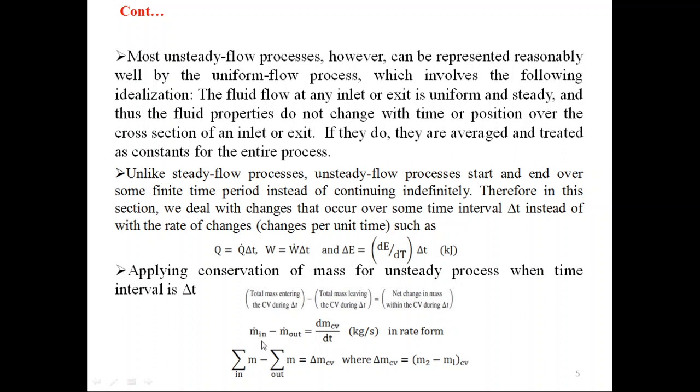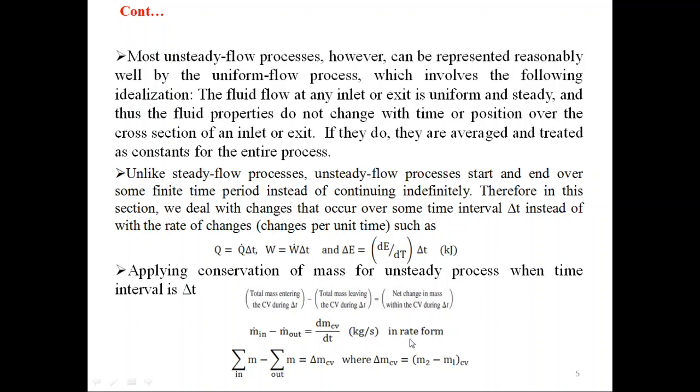So m over dot in minus m over dot out is equal to dm_cv divided by dt, where m_cv is the mass of the control volume. So this is the change of mass of the control volume with respect to time. Unit will be kg per second.